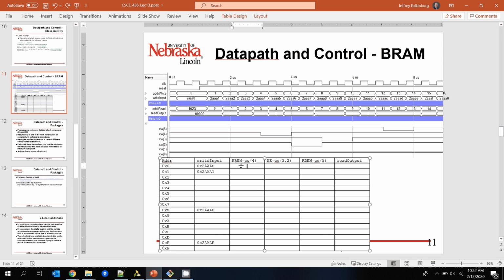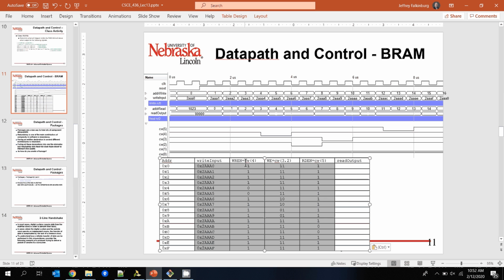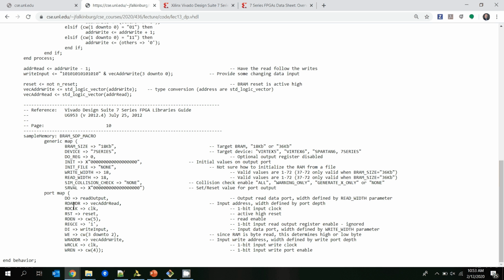We're also going to fill in these control words for control word 4, 3, 2, and 5 based upon the data path. As you can see, I'll go through and explain these as we go along. When you look at the data path, control word 5 is the read enable.